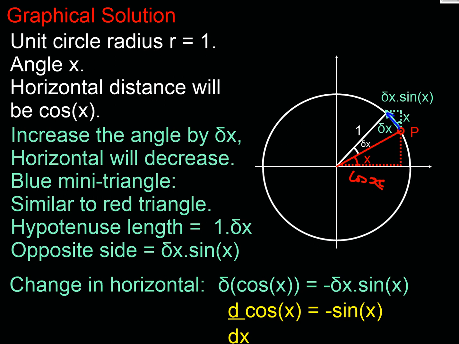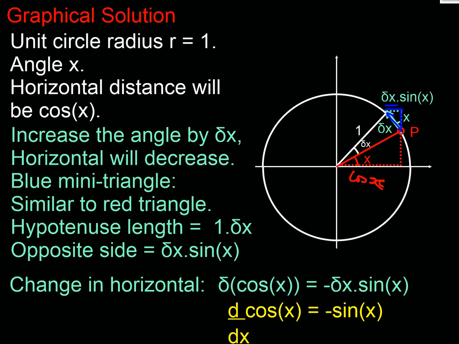And we can see that this blue triangle here is actually a similar triangle to the big red one. And therefore our angle is the same as x in this little triangle. So the opposite side is going to be our hypotenuse times the sine of x, yeah?